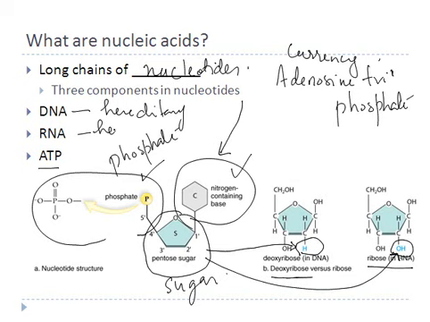RNA can be hereditary and enzymatic, so it has two roles. It can work as an enzyme, and it can work as hereditary information. Adenosine triphosphate is your currency of the cell. So these are the three important nucleotides that you need to know for this class.